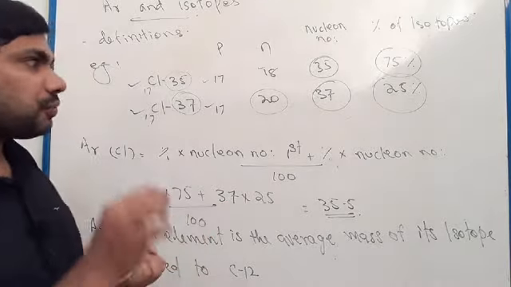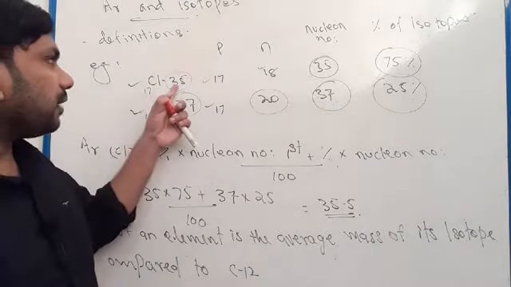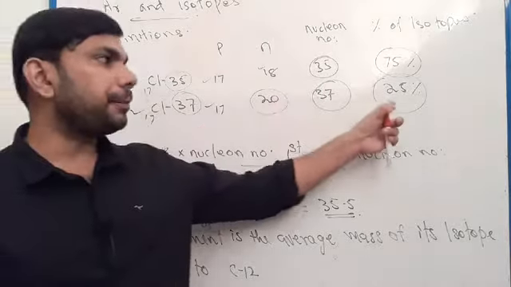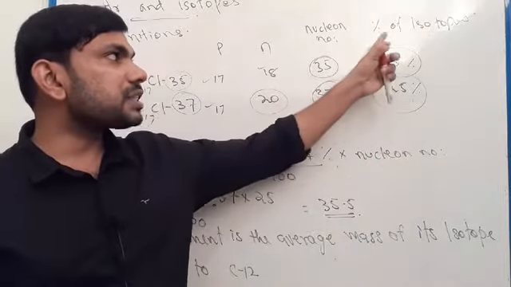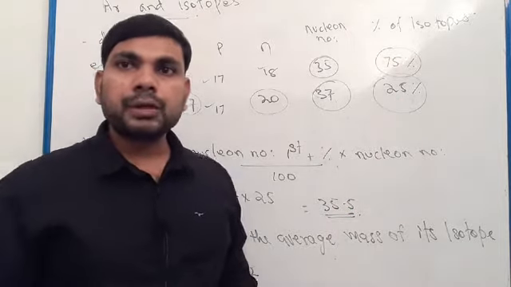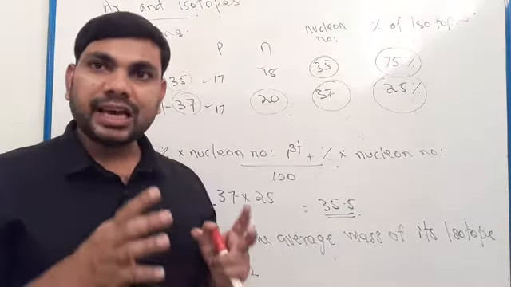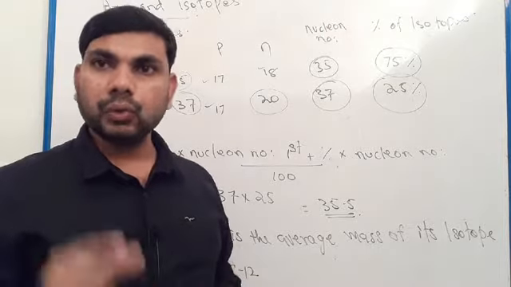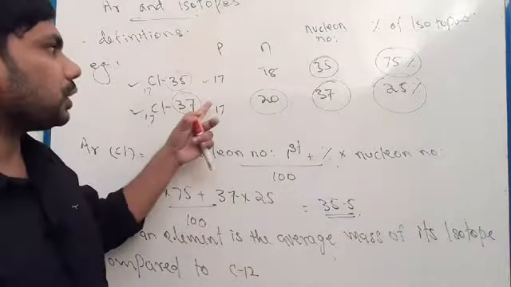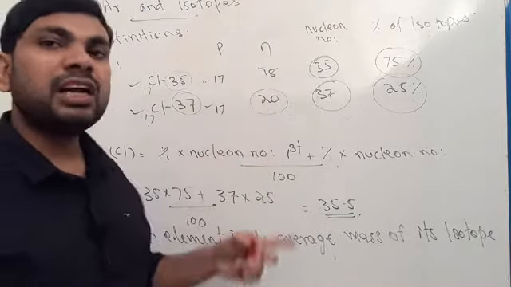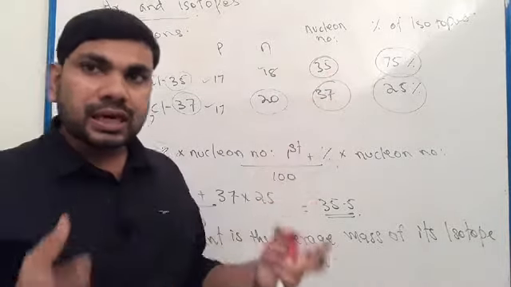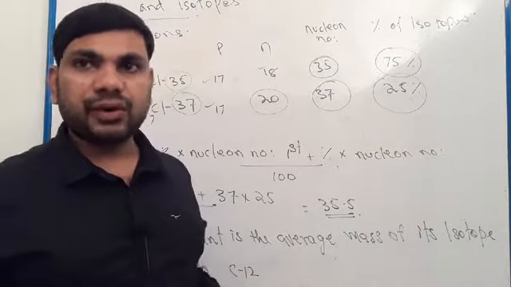So this is the percentage of availability of the isotopes. Chlorine exists in different forms with the same proton number but different neutron number. That is isotopes. But the availability of the isotopes in nature is different.